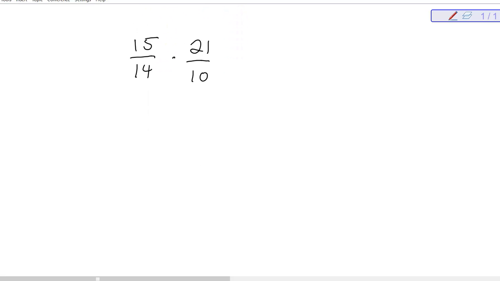I can rewrite 15/14 as 3 times 5, looking at their prime factors, divided by 2 times 7. And I can look at 21/10 as 3 times 7, divided by 2 times 5.